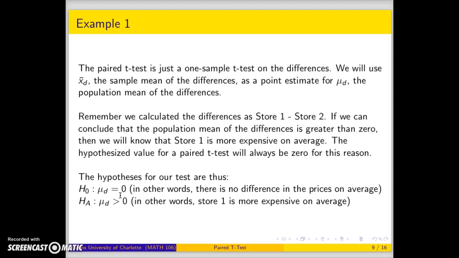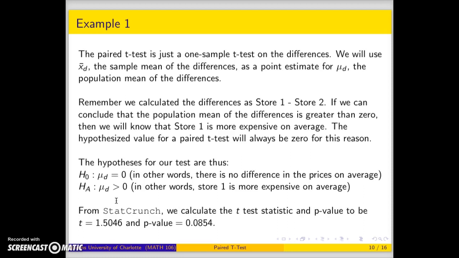If we did it the other way, store 2 minus store 1, our alternative would just switch, so it would be mu d less than 0. So just make sure you're consistent on your signs, and that comes from how you did your subtraction.